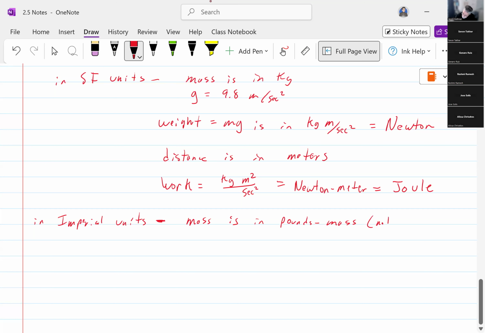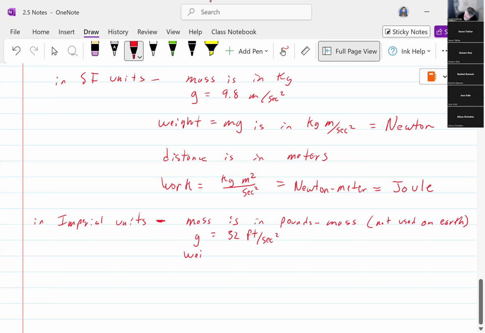It's not really used on Earth because acceleration and gravity doesn't change on Earth, and unless we were to go to the moon and do all these calculations again on the moon, we wouldn't really need to change them. If we honestly went to the moon, we would probably just use SI units anyway, because they're easier. Mass is in pounds mass. g is equal to 32 feet per second per second.